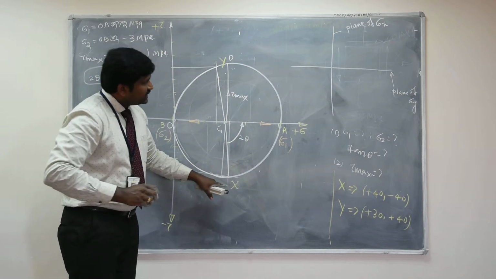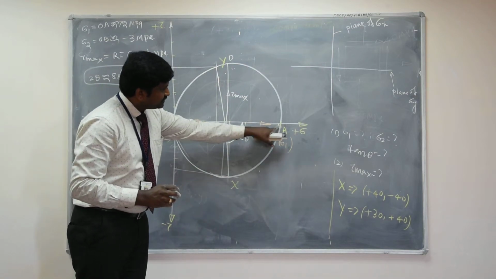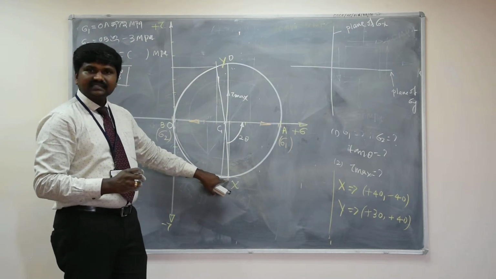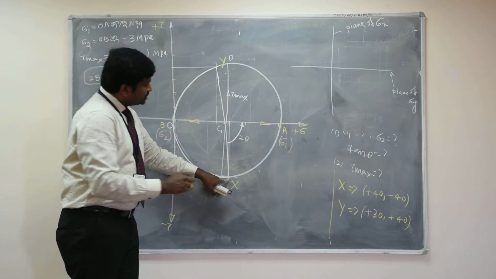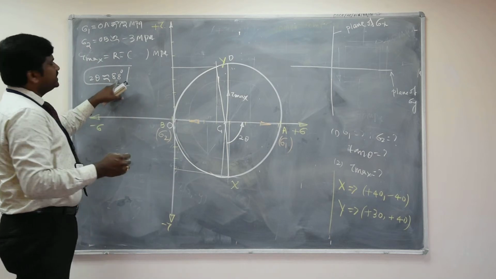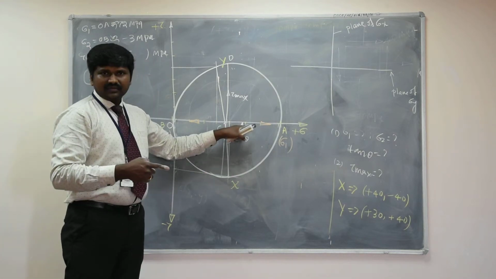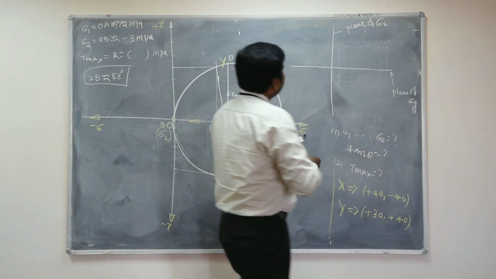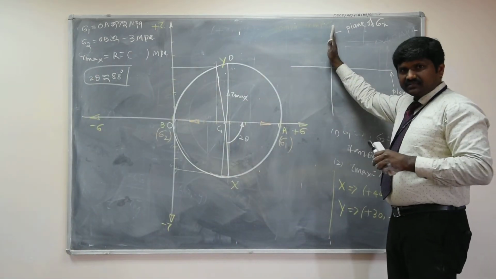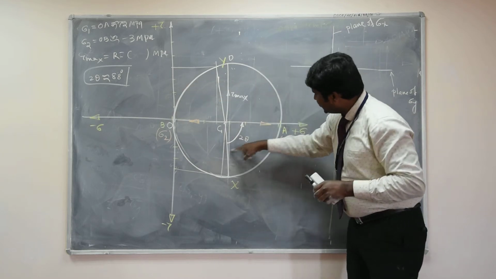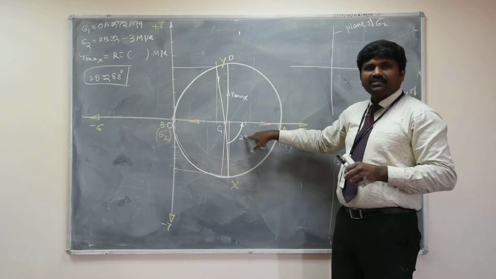Now what is the direction of the maximum principal stress with respect to the plane of sigma x? This is representing the plane of sigma x. So that is around 88 degrees, in the counterclockwise direction. That means from the plane of sigma x, you have to mark 88 degrees in the same direction in which you measured the angle.